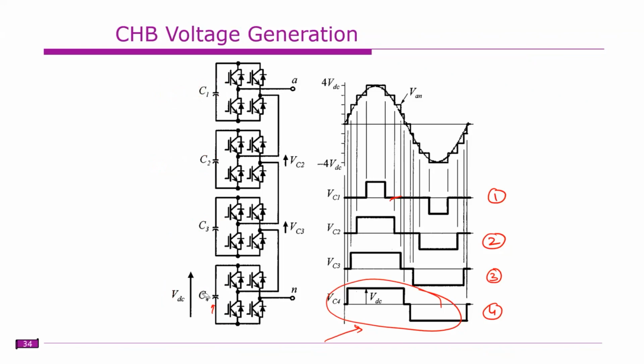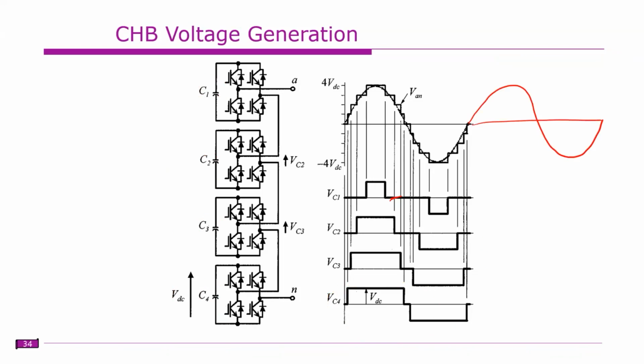If we assume that all are contributing E power, this is one cycle, and this is the next subsequent cycle. We will operate such that the fourth bridge produces this kind of waveshape, and the others produce these kinds of waveshapes.